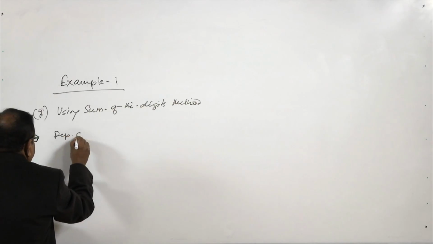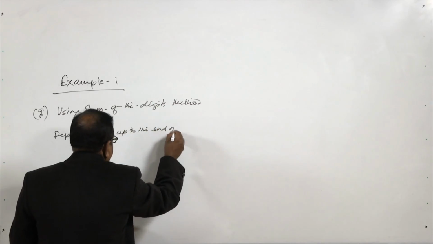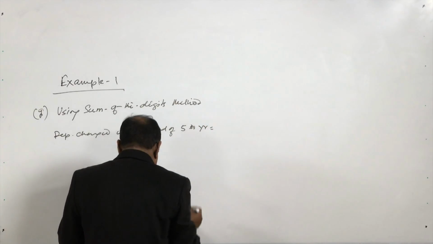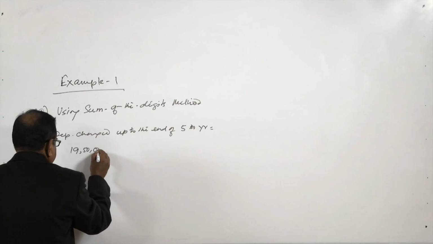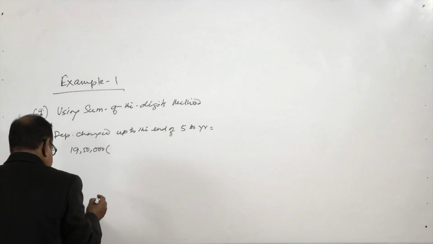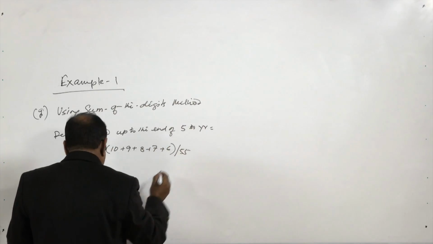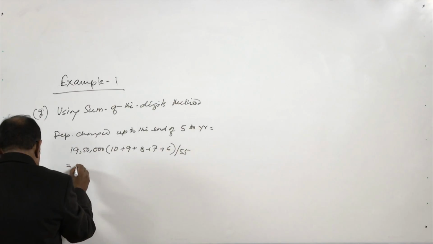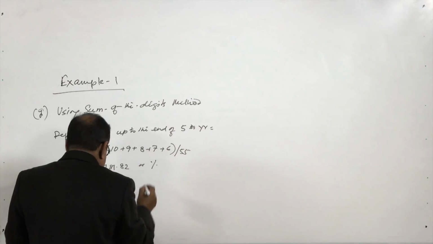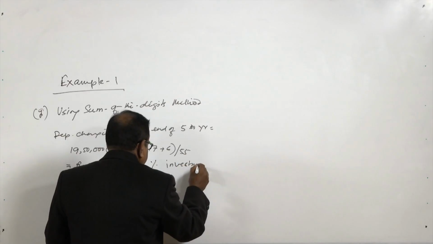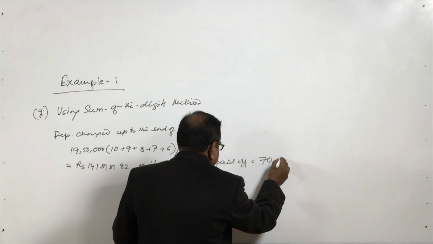Now depreciation charge up to the end of 5th year is equal to 1950000 times (10 plus 9 plus 8 plus 7 plus 6) divided by 55, and this comes out to be rupees 1418181.82, or percentage wise investment paid off is equal to 70.91%.